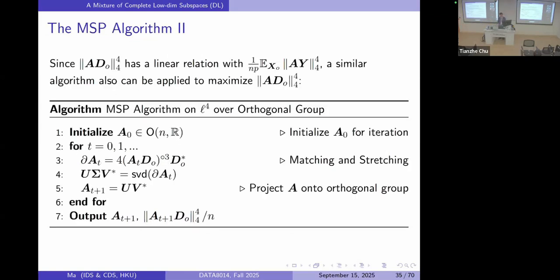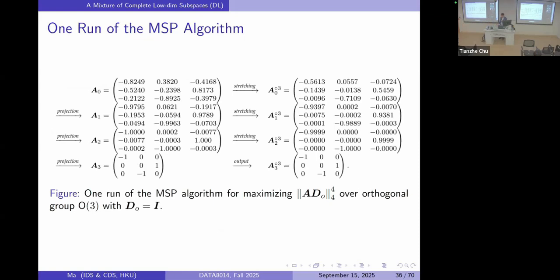Okay, now let's look at the iteration. How fast is this? We start with any matrix, take a stretching, and run the algorithm to find the dictionary. By the third iteration, it has already found the correct solution, surprisingly fast.